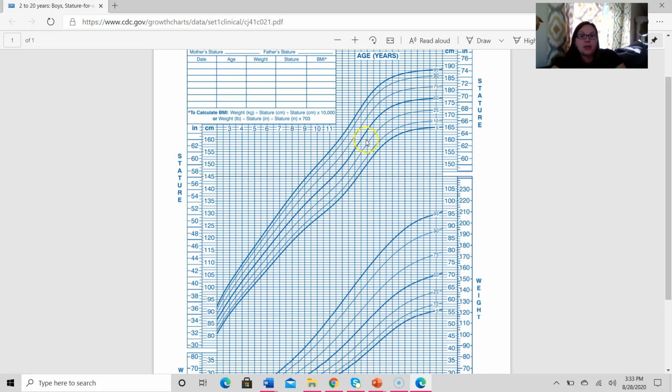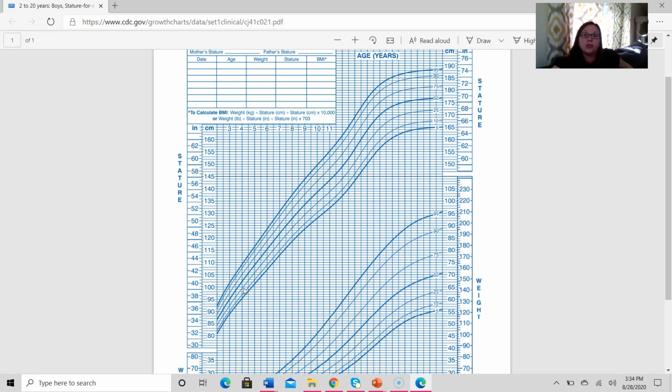And then here's the height, so stature. This is where I want to look at that trend. What's going on? Hopefully, in the ideal world, kiddos will plot all of their data points on the same percentile, so we see a nice curve. But that's not truly realistic. It doesn't always happen that way.